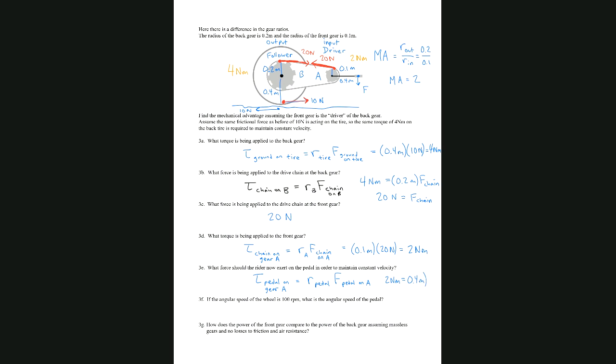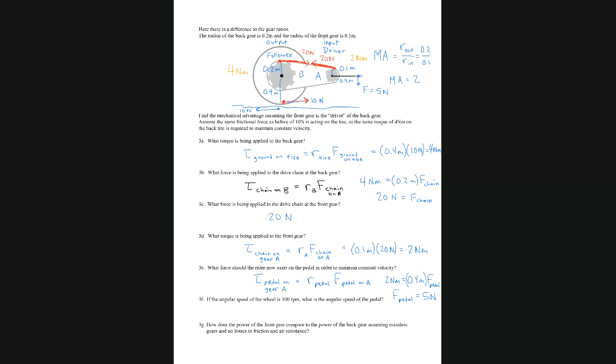And we'll solve for that force of the pedal. And it's now 5 newtons. Interesting. So the mechanical advantage here is that the person gets to push with less force.